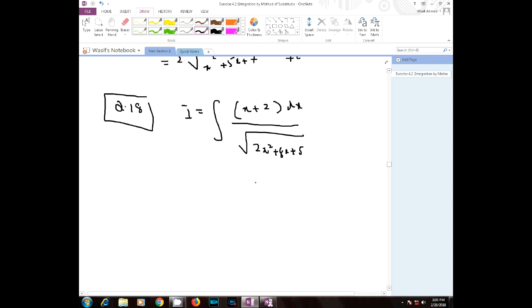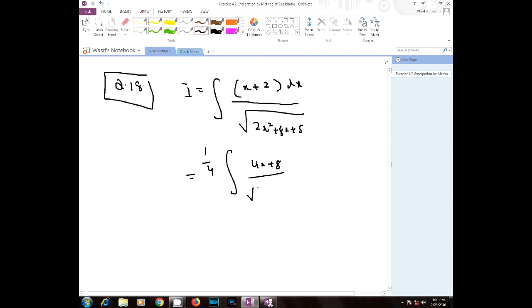Now notice that the derivative of the denominator term is 4x plus 8, that is you have to multiply and divide by 4. So 4x plus 8 divided by square root of 2x squared plus 8x plus 5 dx.